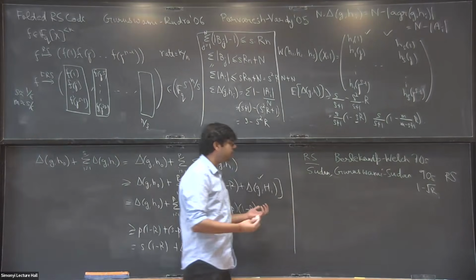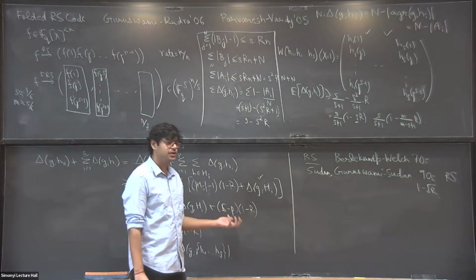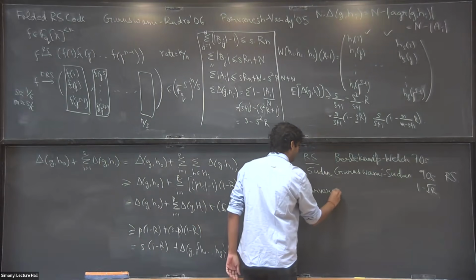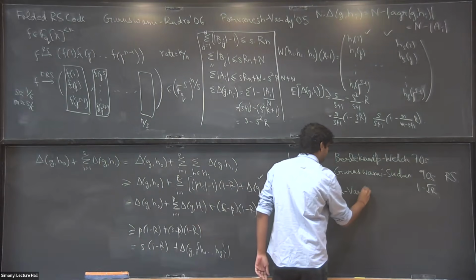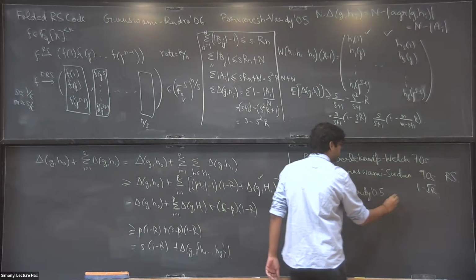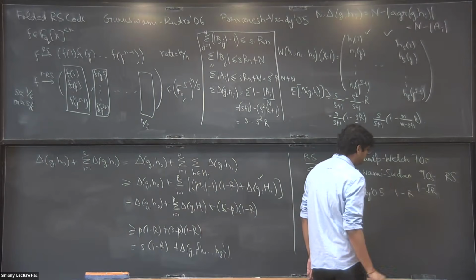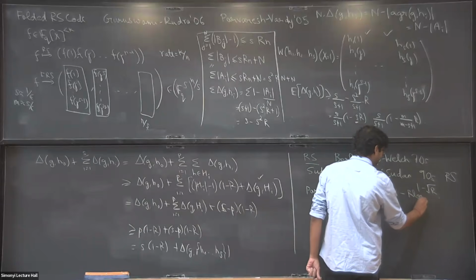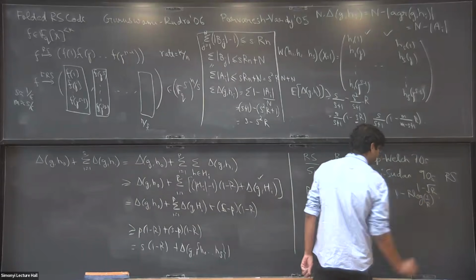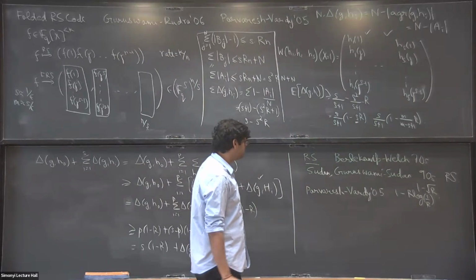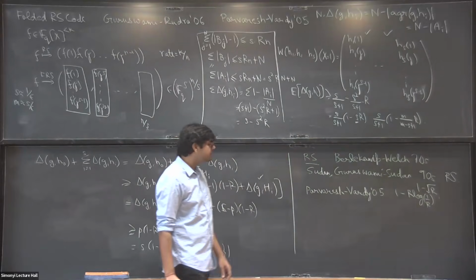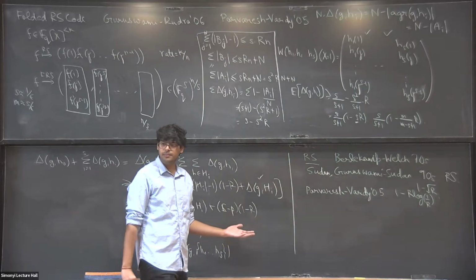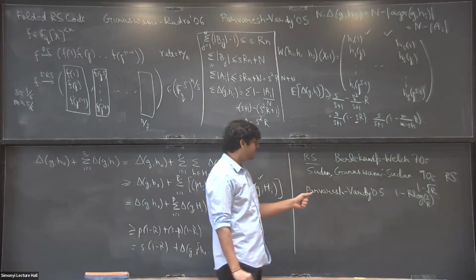Then people wanted to get to 1 minus R because that's the best we can do. Parvaresh and Vardy gave a code that worked for small rates, but not very well for general R. For small rates, it did pretty well.